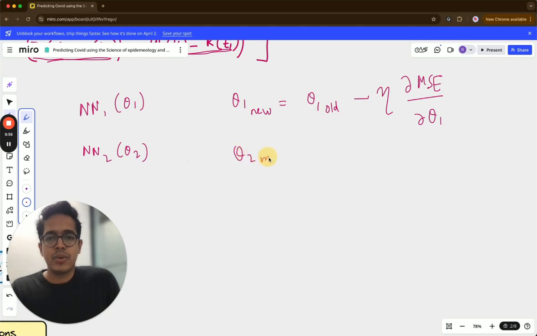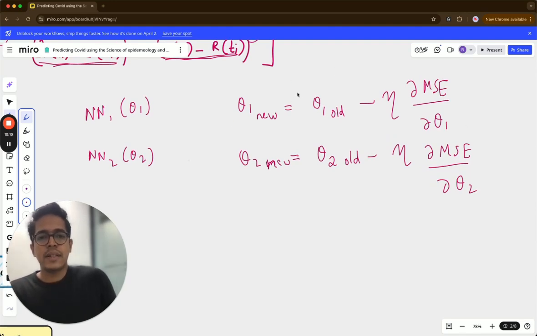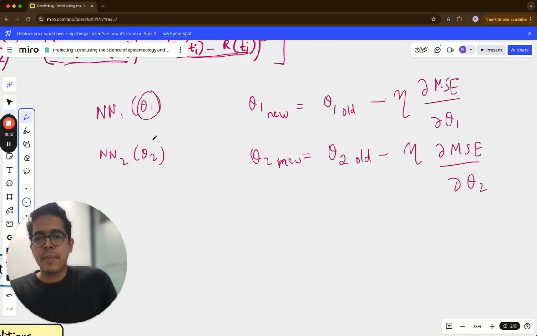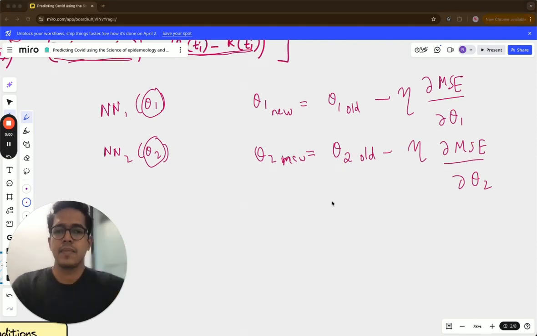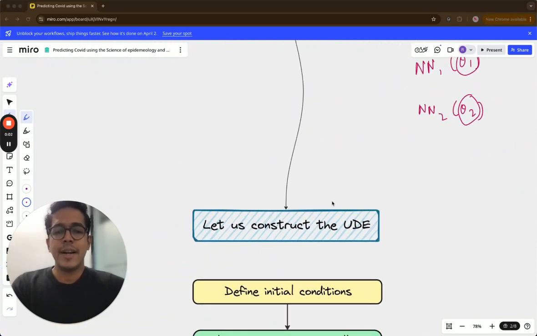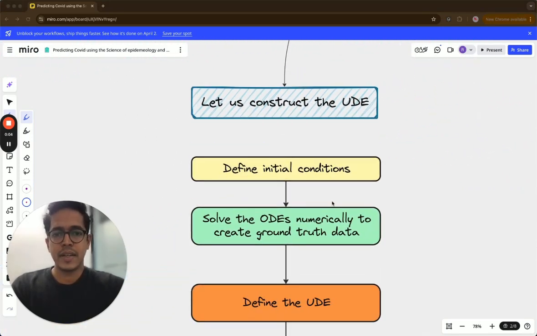Similarly, the new value of theta2 equals theta2 old minus some learning rate times dou mean squared error by dou theta2. So by continuously doing this, you can modify the parameters of your neural network, the weights and biases, such that this neural network will be able to make better predictions later, once the weights, biases, and those parameters are optimized. So with that, we are ready to construct our UDE, Universal Differential Equation.